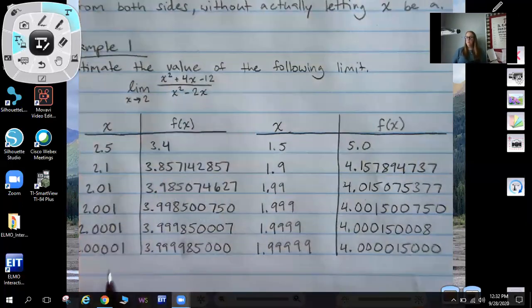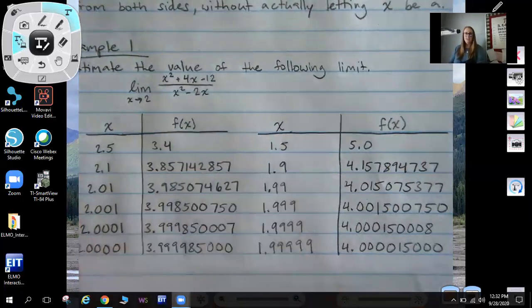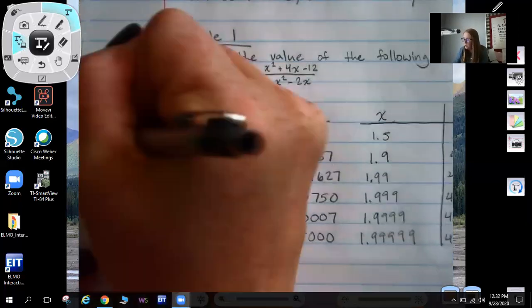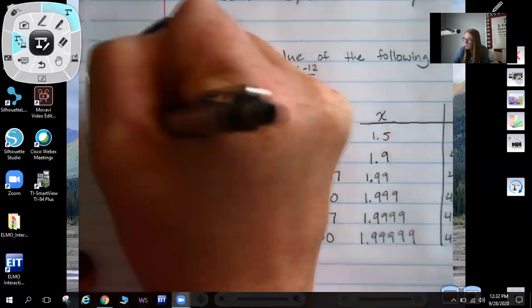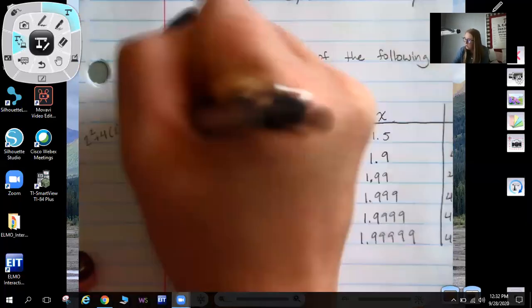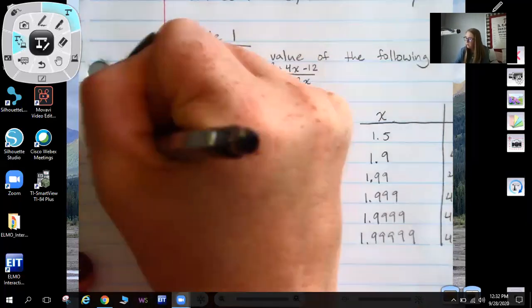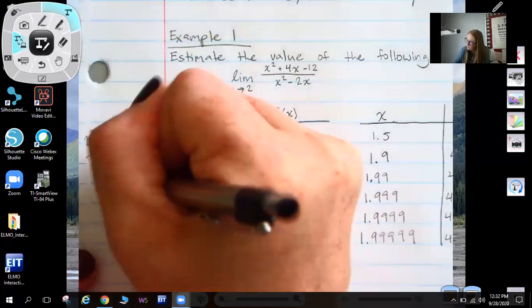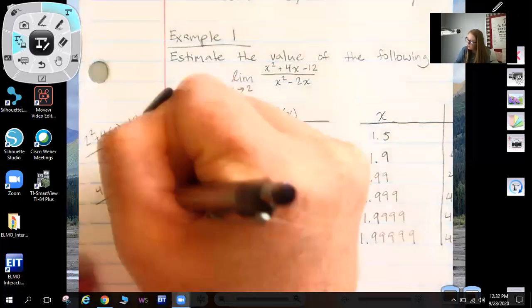If we were to plug in 2, you don't have to write this, we would have 2 squared plus 4 times 2 minus 12 over 2 squared minus 2 times 2.